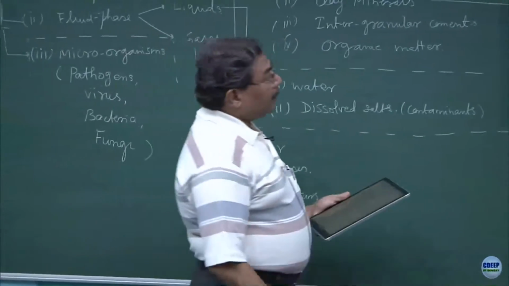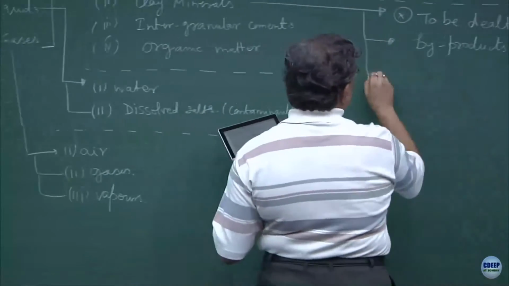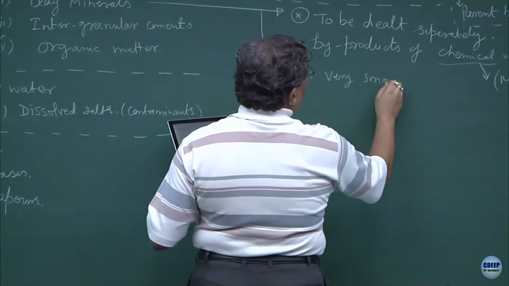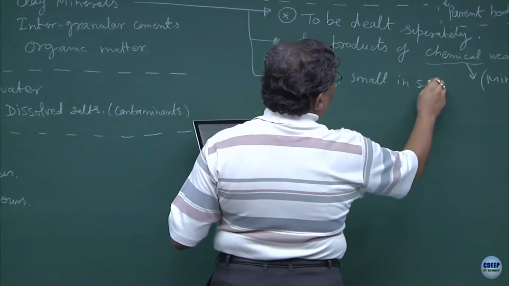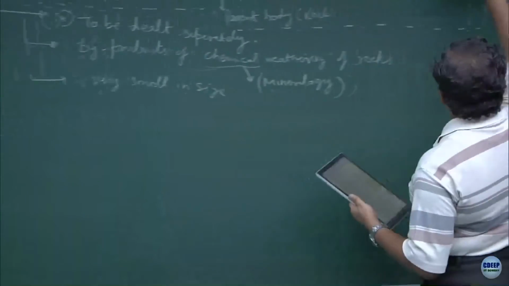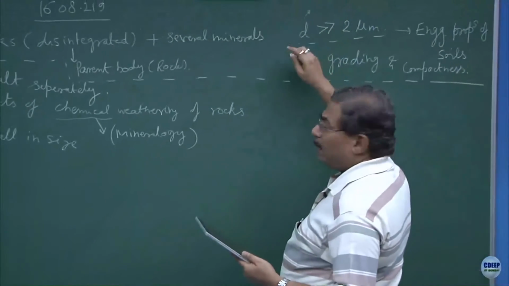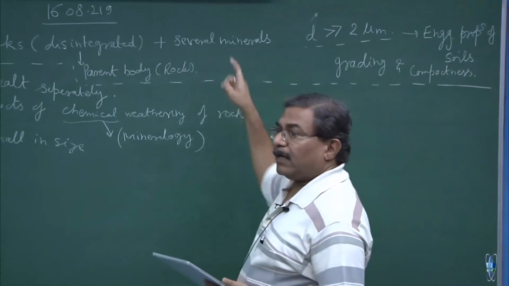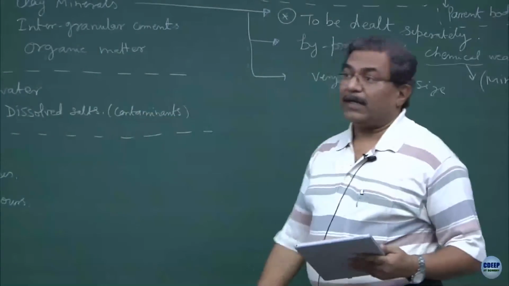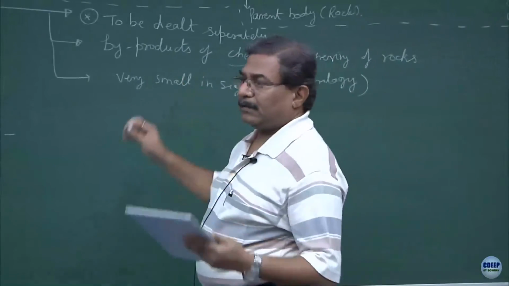Normally, clay minerals are very small in size. The way I wrote here, d is the diameter of the particle, or the size of the particle. Particles need not be spherical all the time. So, when we talk about clay minerals, these are not spherical particles, they are going to be needle-like.